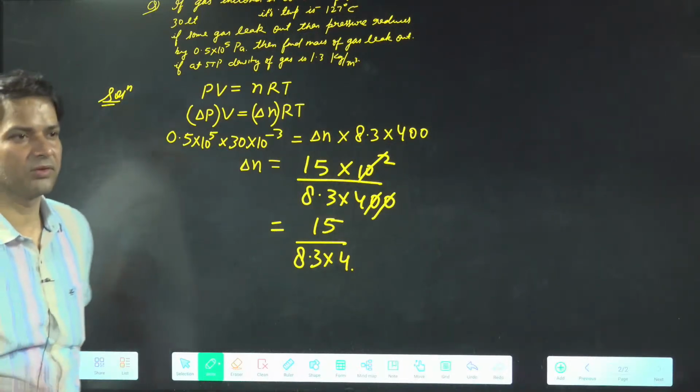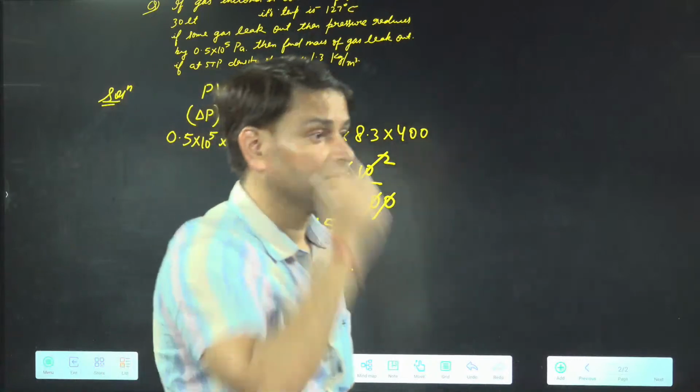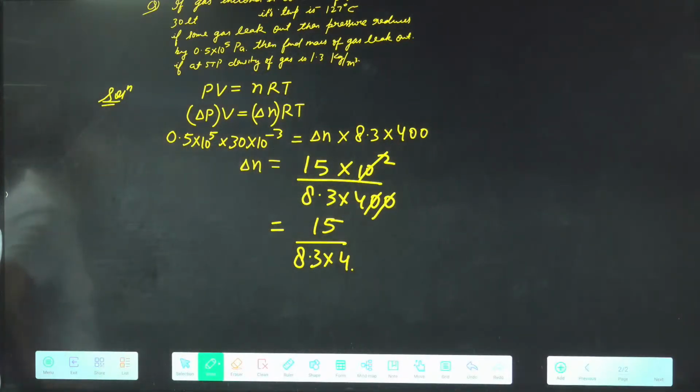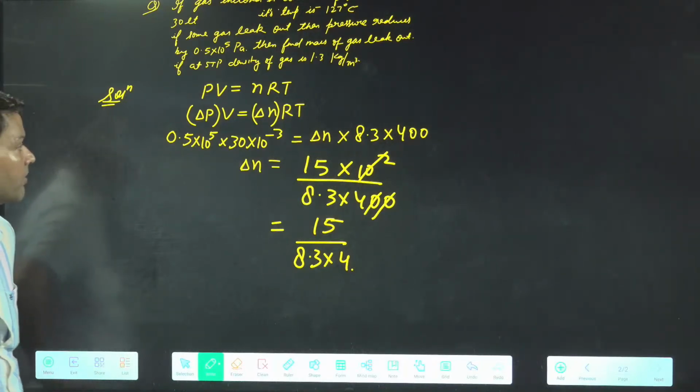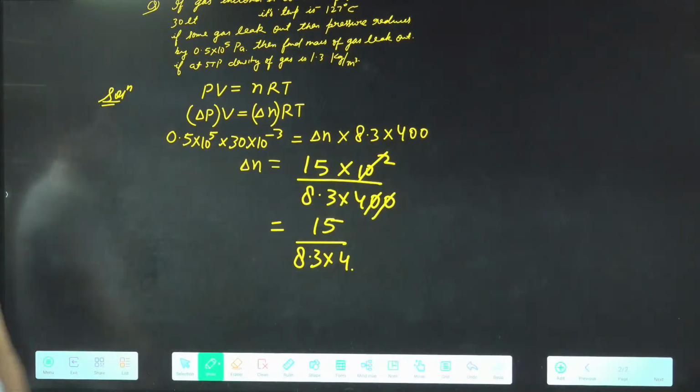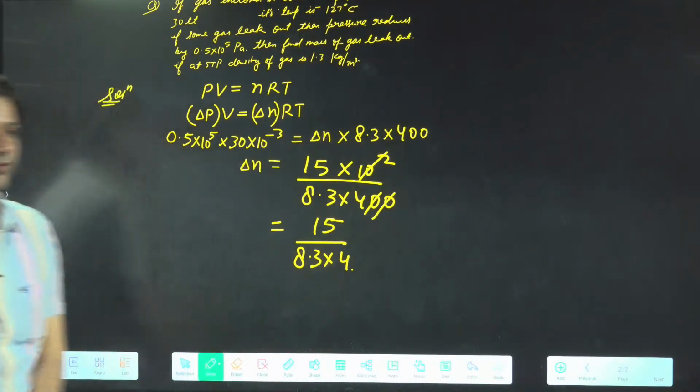How 1.87, Priyanka? Check it again. Eight threes are 24, so the denominator will be more than 24.